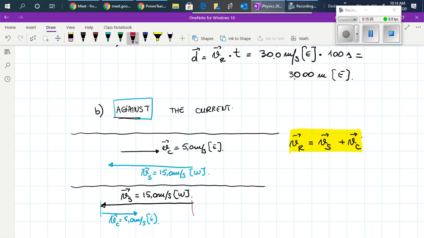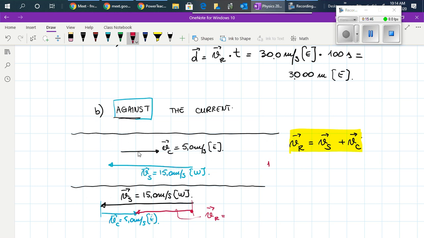So then the resultant velocity, which is a vector that starts at the starting point and ends at the end point, will be something like this. We know that it's going west. Let's see now mathematically how we do this.